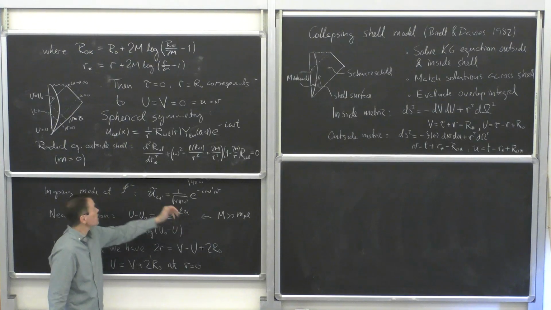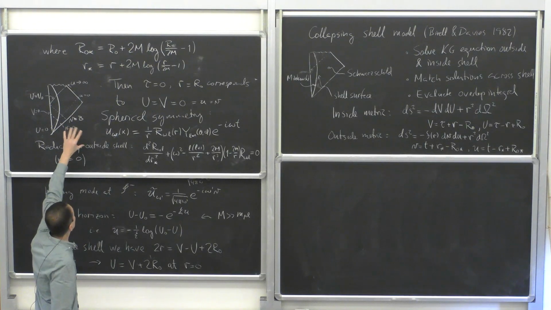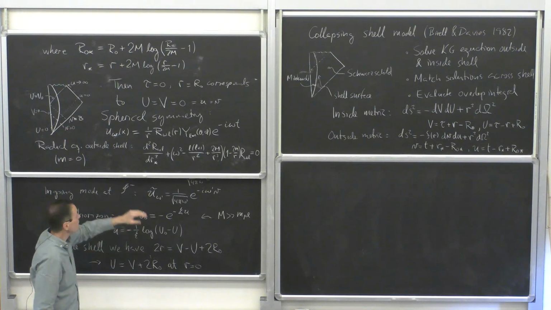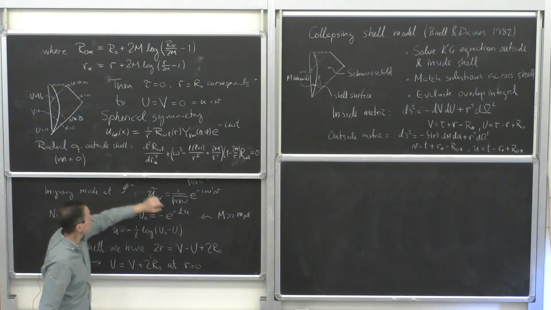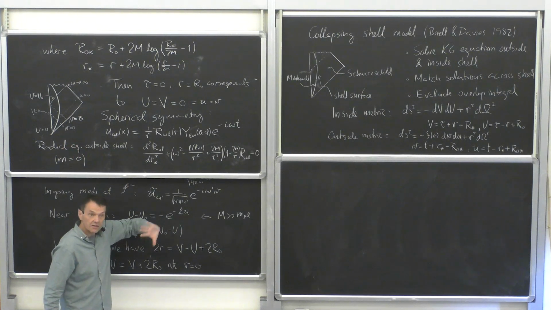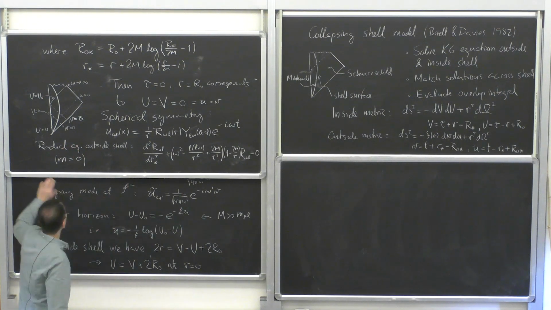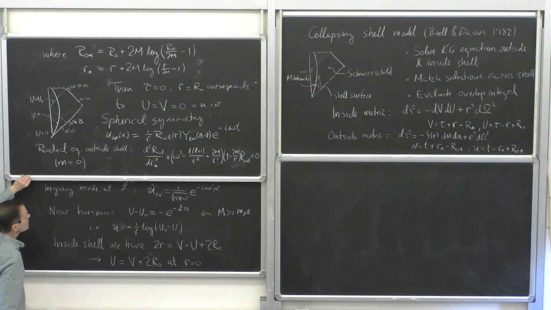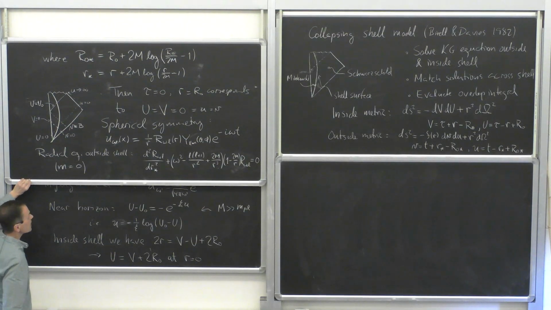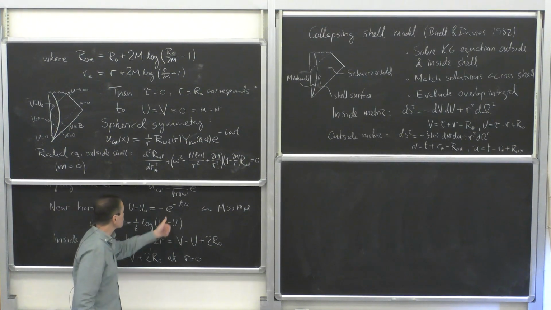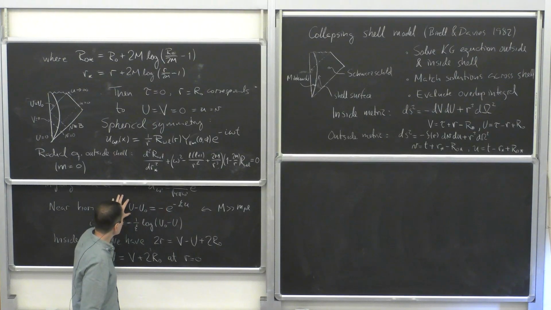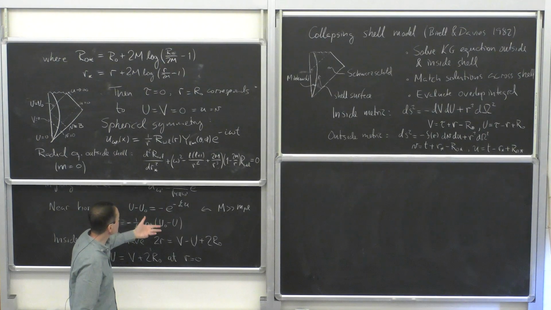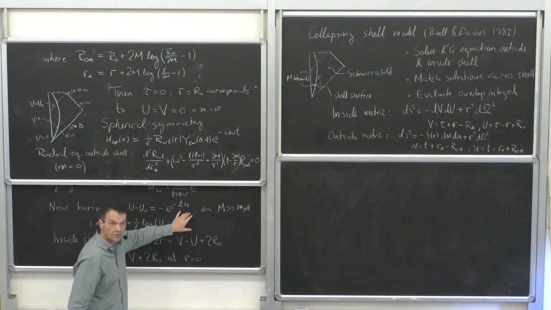Because the outside, the lowercase coordinates, there's a coordinate singularity at the horizon. And the way we did that was we went through these steps, and so you could say, okay, by definition, this was the definition of the Kruskal coordinate in there, okay?